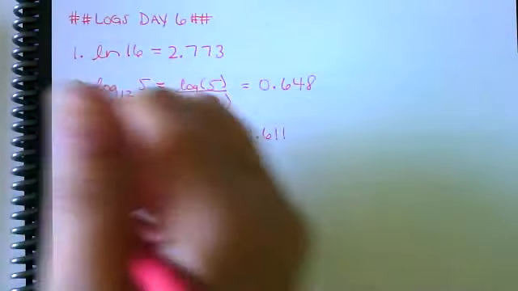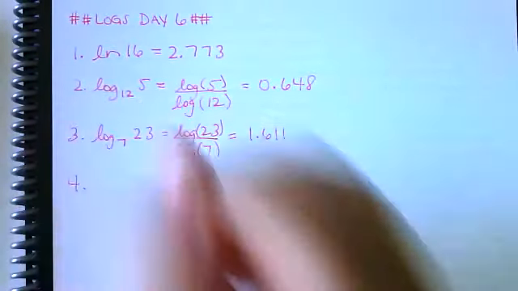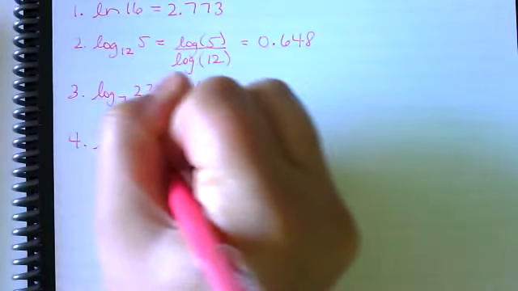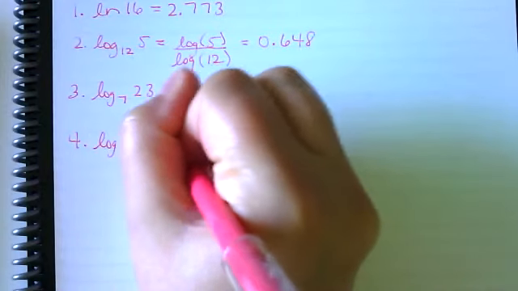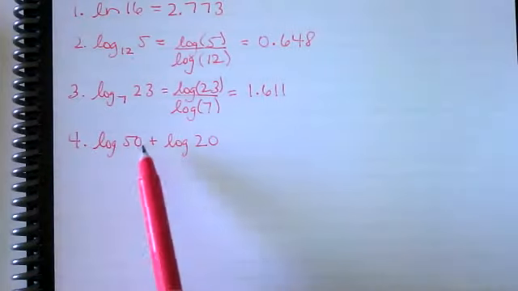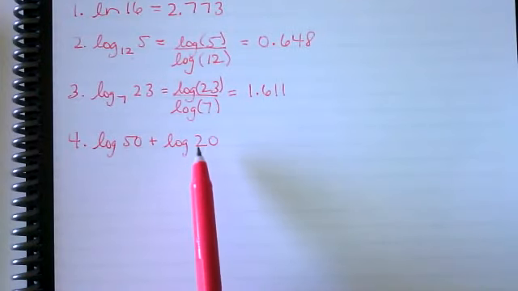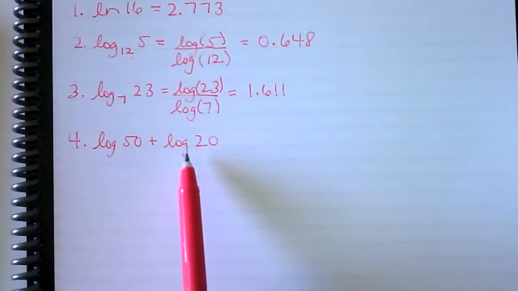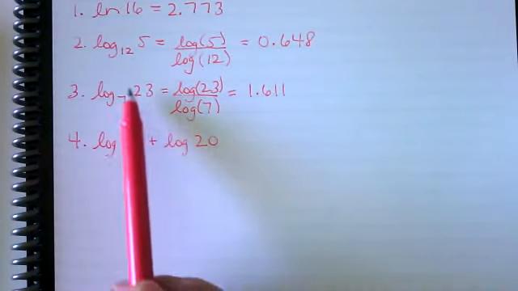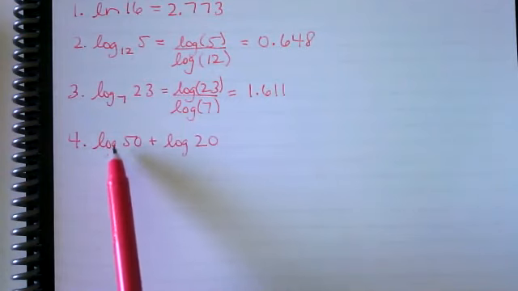And then the last one for today, question number 4. Log of 50 plus log of 20. Here they're asking us to add 2 logs together. For these, you are not doing a change of base, because change of base is only when you have a base for your log. Here, I don't have a base.